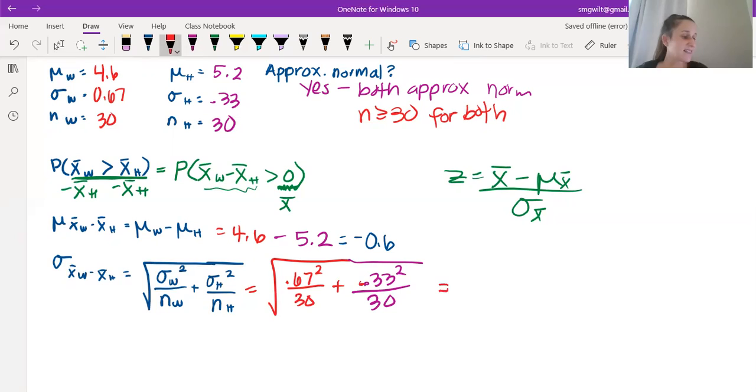Calculating that, I get a standard deviation of 0.1364.